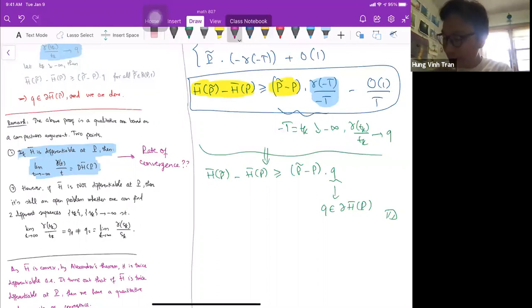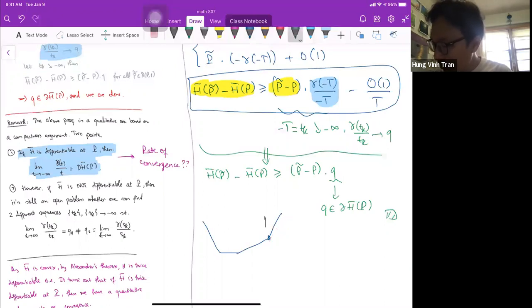So clearly in this case, in the second remark here, say h bar is not differentiable at this point capital P, and let's say that I have two different rotation vectors Q1. My drawing is not good.